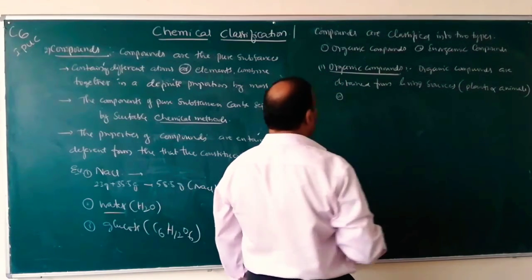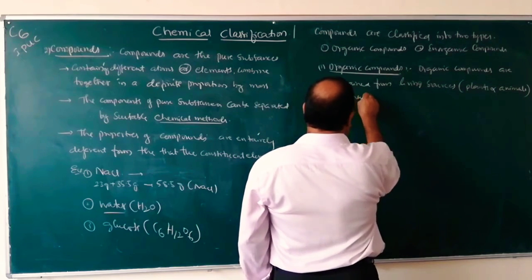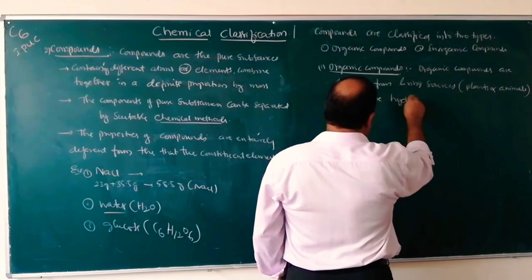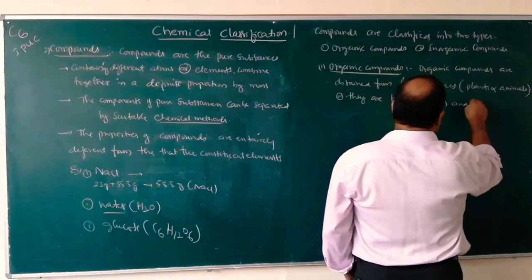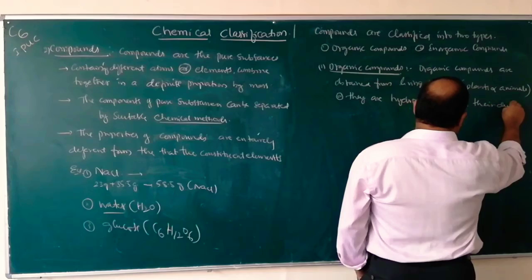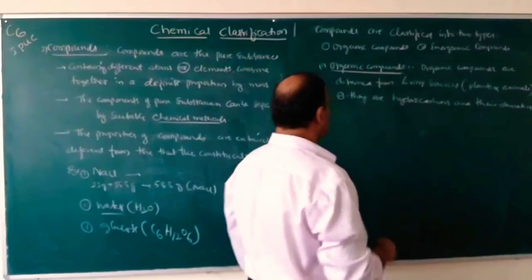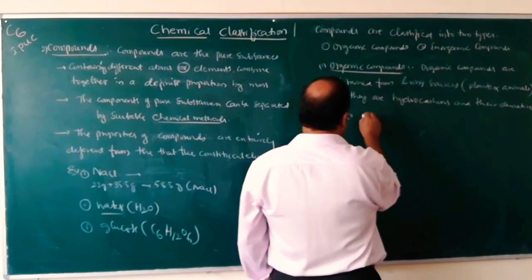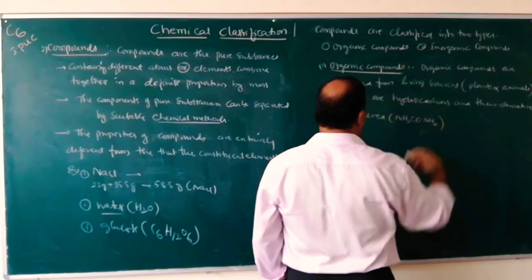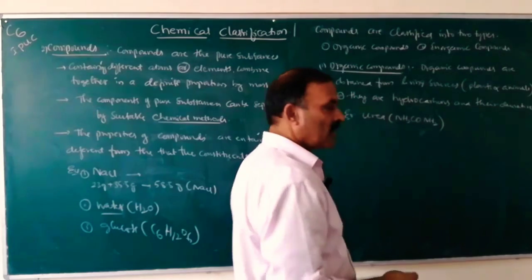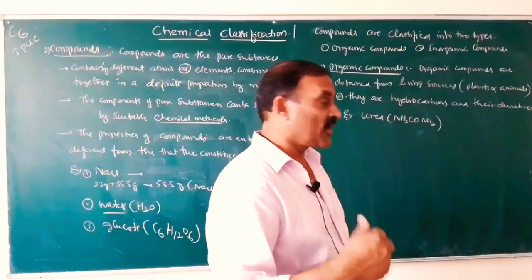Nowadays, the latest definition of organic compounds is that they are hydrocarbons and their derivatives. For example, urea, NH2CONH2. Urea is obtained from urine, so it is of animal origin.